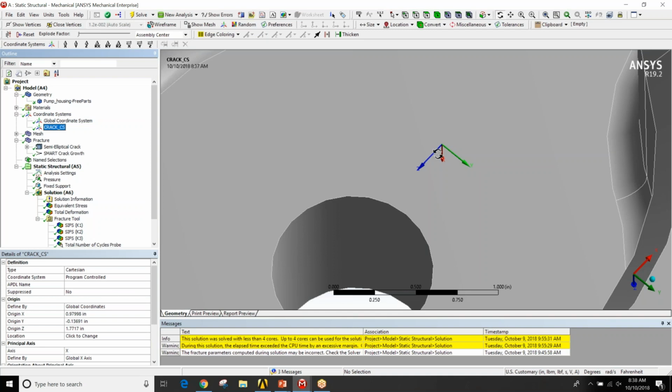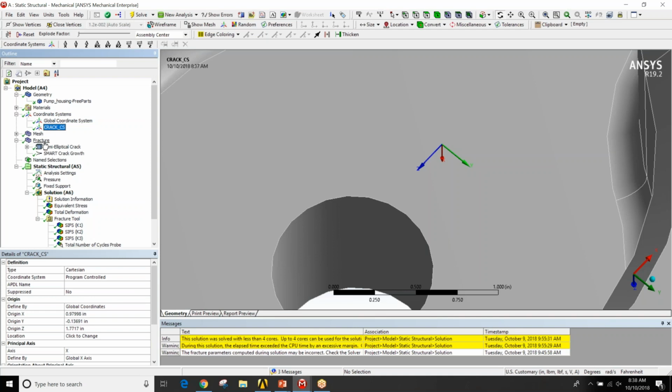So when you specify a crack coordinate system, you have to put it right at the center of the crack. The x-axis, very important, the x-axis of this local coordinate system has to be going into the material. So x has to be going in, and the y-axis has to be perpendicular to the crack plane.